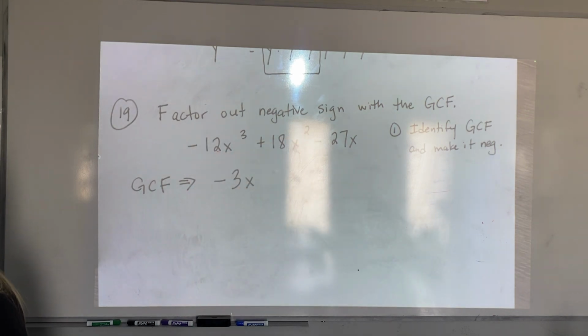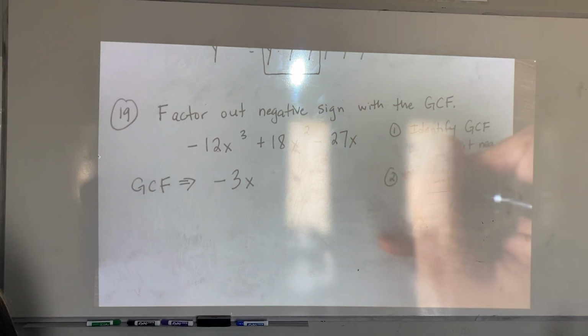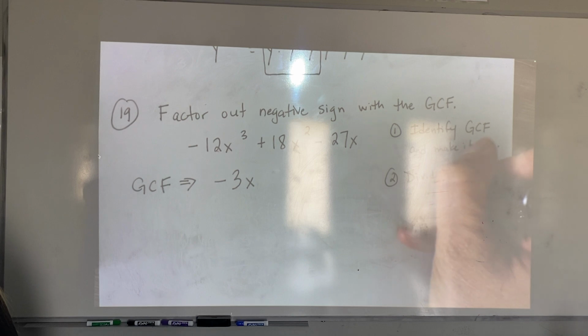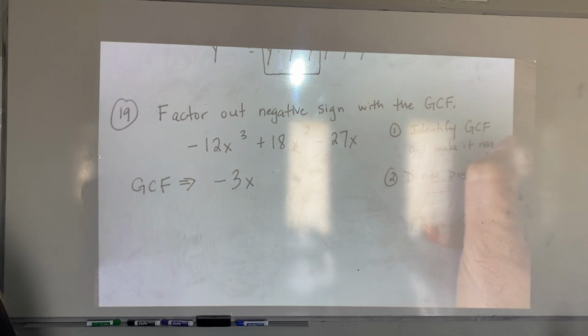And then we're going to make it negative. When I say make it negative, we are actually factoring out the negative, and that's going to cause all of these to change their sign when we do our next step, which is divide the polynomial by the GCF.